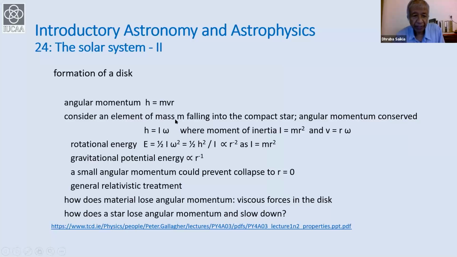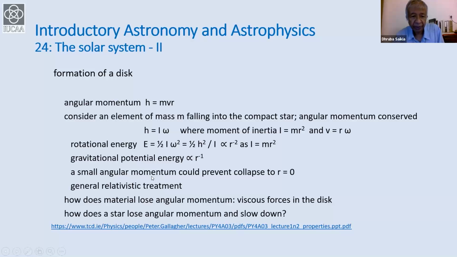As I just mentioned, when the disk forms, the rotational energy would increase as 1 upon r squared as material goes closer and closer to the central object, the central star in this case. So you need a redistribution of the angular momentum. Some of the angular momentum is carried outwards, some of it goes inwards, allowing the star to collapse.